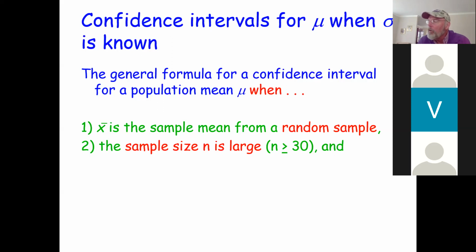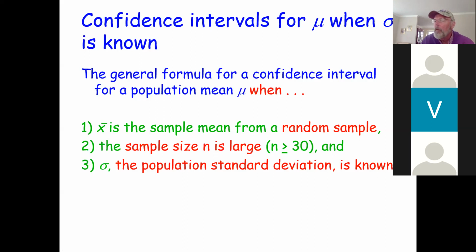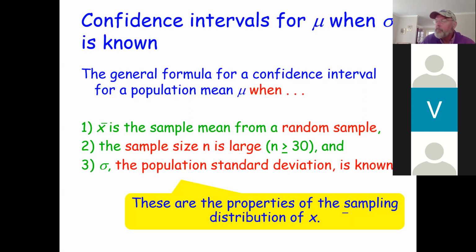It's got to be greater than or equal to 30. We have some knowledge, or we have a number that's given to us that represents sigma, the population standard deviation. That's known. So these are the properties that we start with when we're thinking about a distribution of sample means.